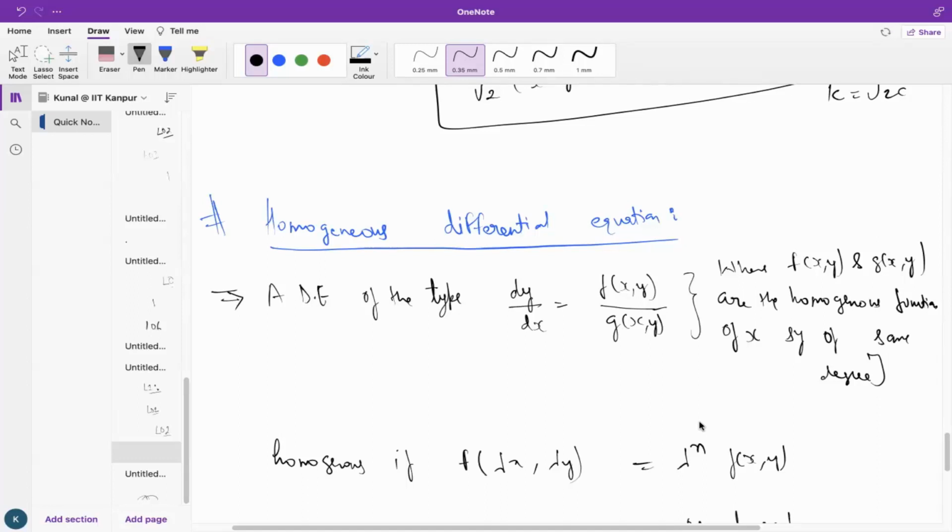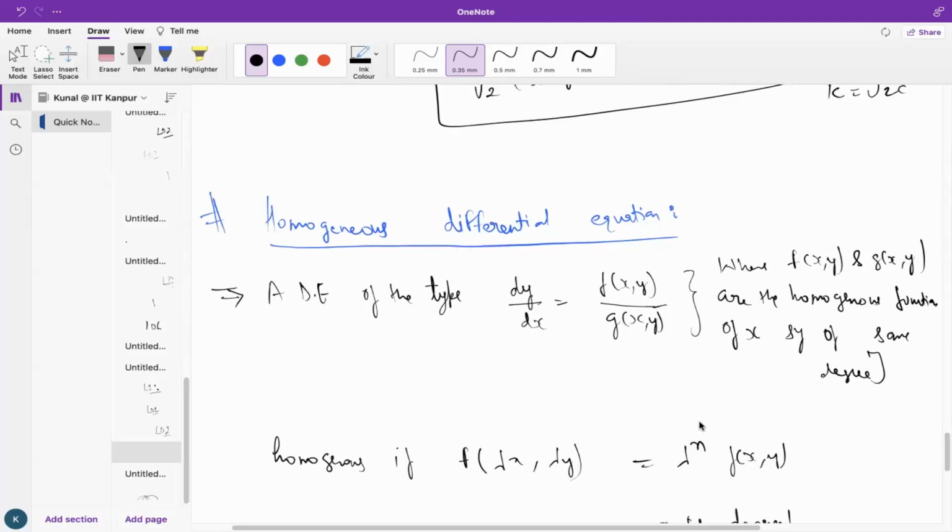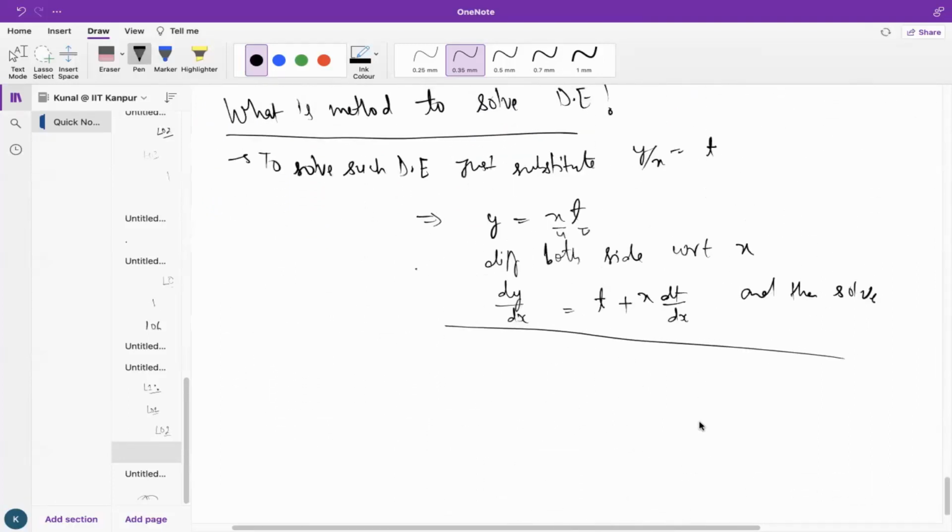So when you substitute, you get y is equal to xt, and then try to differentiate both sides with respect to x. So what will we get here?